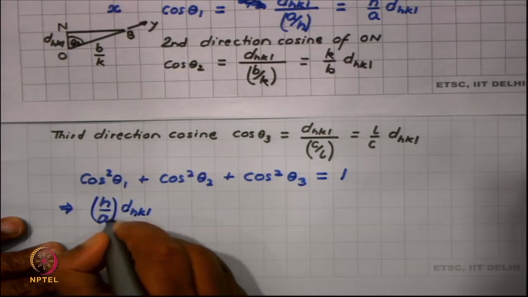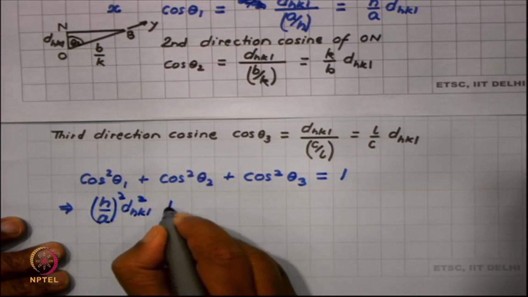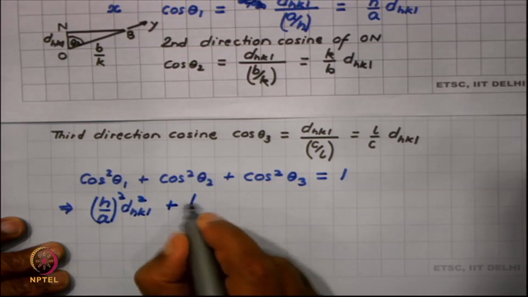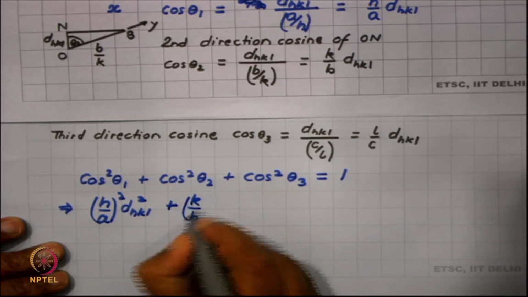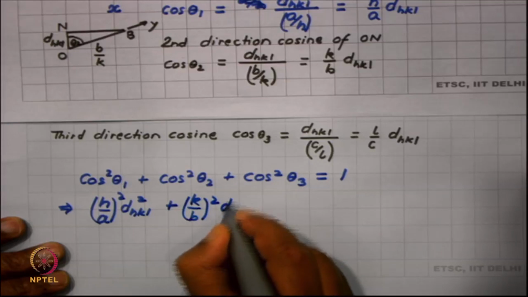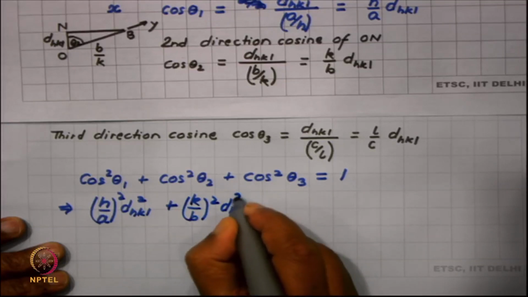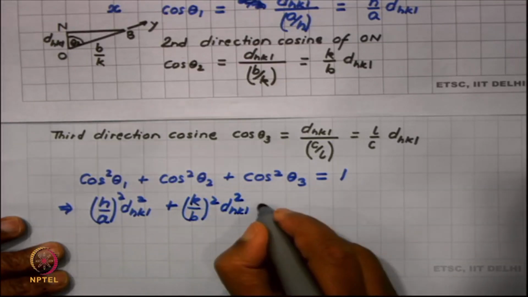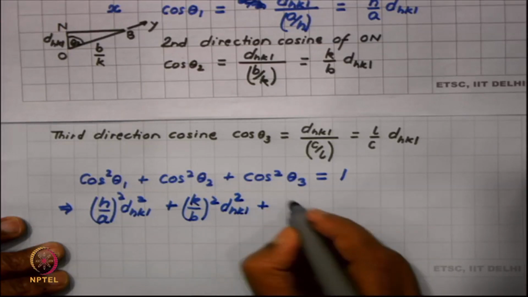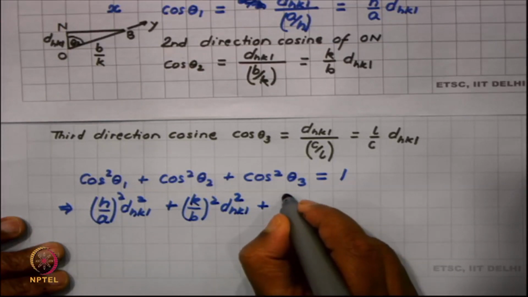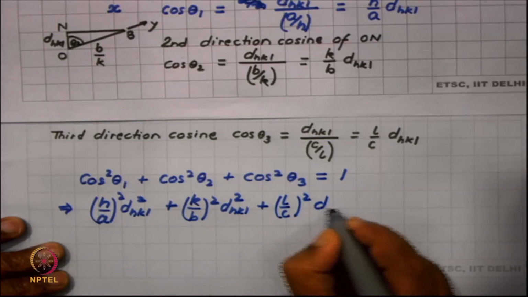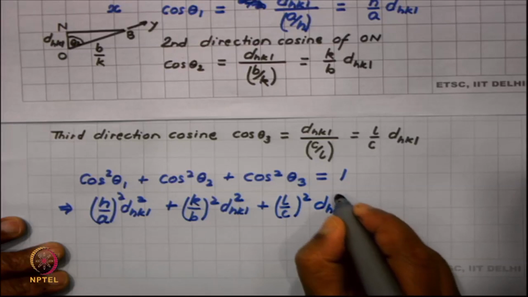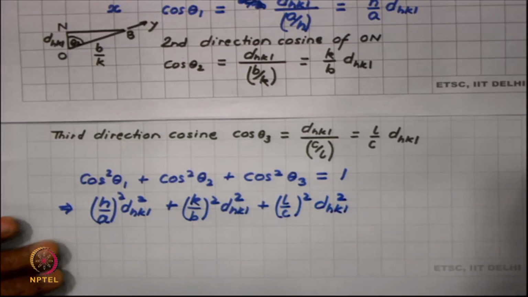So, I square it. Cos theta 2 was k by b times d_hkl, so I get k by b squared d_hkl squared, and I get l by c squared d_hkl squared.